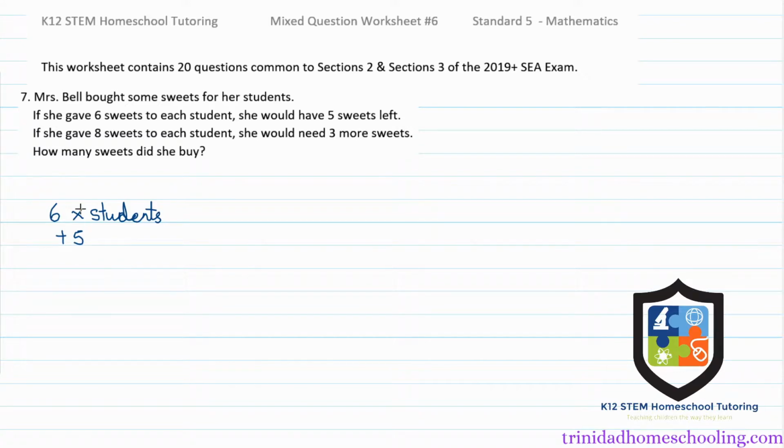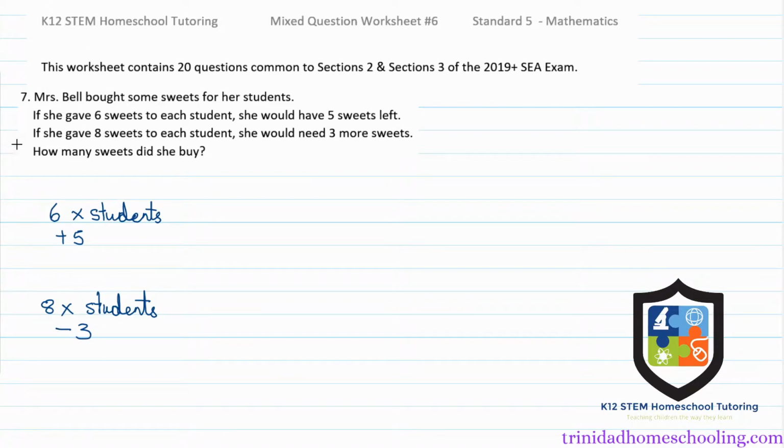In the second case, we have some number of students. We don't know how many, but she gave them 8 each, and she would need 3 more sweets, which means she is missing 3 sweets. She has 3 sweets less.